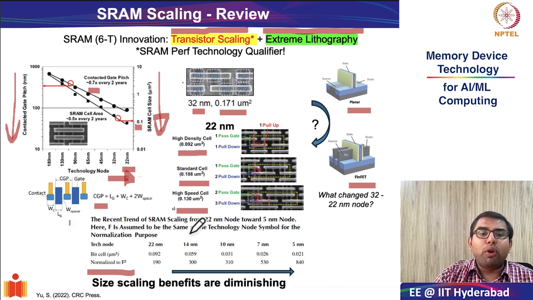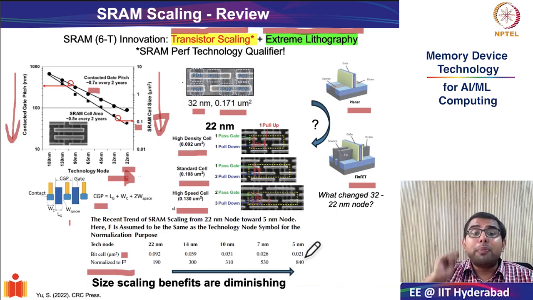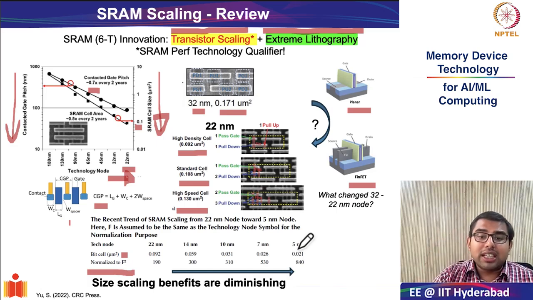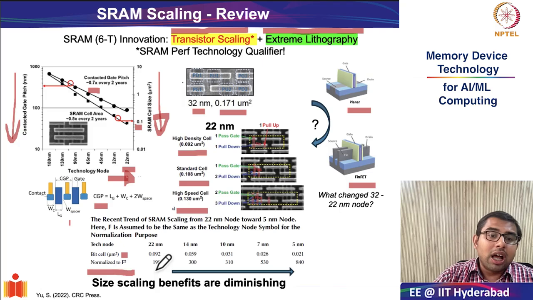Although with improving technology nodes the bit cell is indeed reducing from 0.092 micrometer square to 0.021 micrometer square, when we normalize it with F squared, where F is the smallest feature of that particular node, we see that the benefits of area scaling are really diminishing, because the normalized area is increasing from 190/300 to almost 840 F squared.